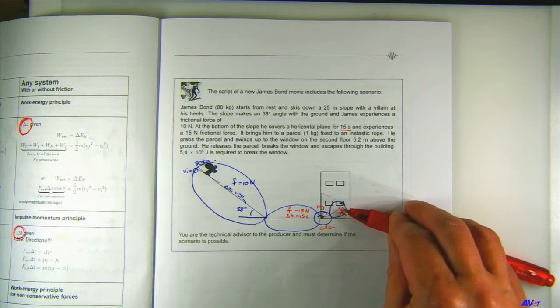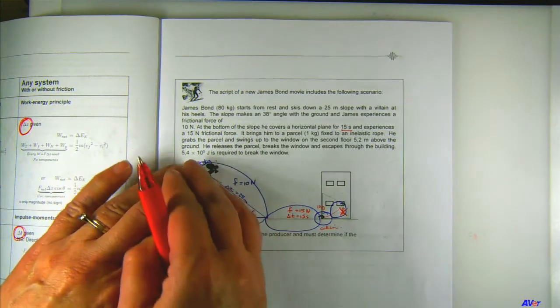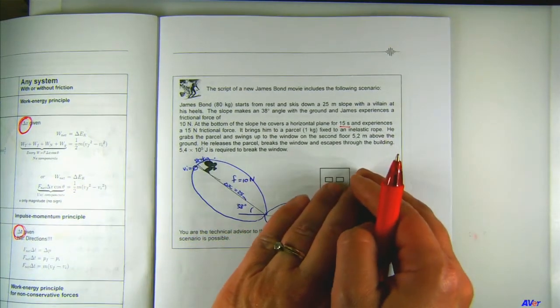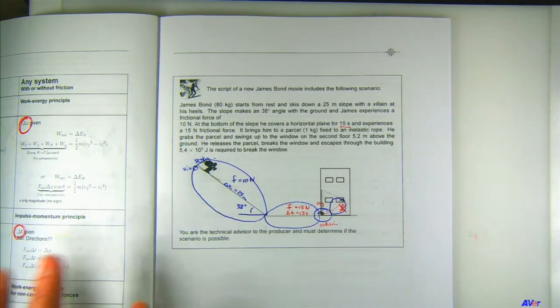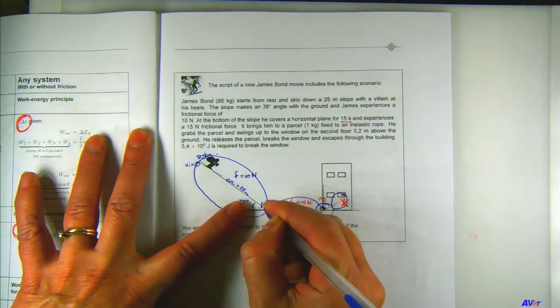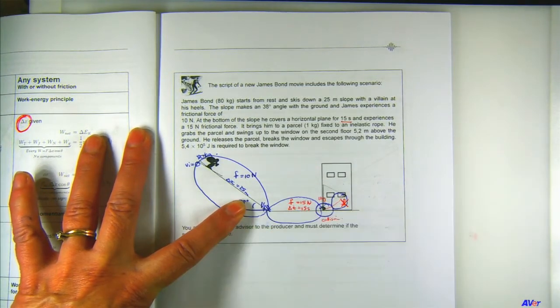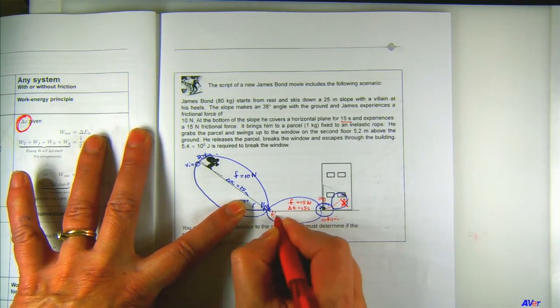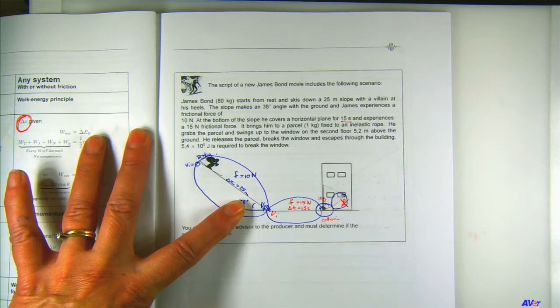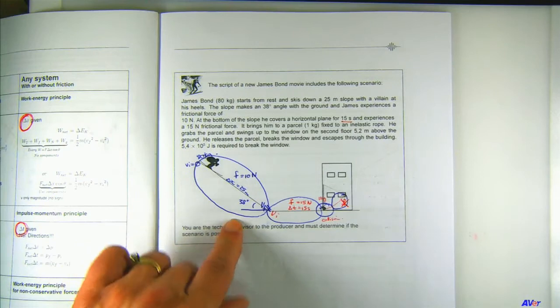Right. Now, when you have different parts of a question, the most important thing to remember is the final velocity of that first part will be the initial velocity of the next part. So you take this part and you work out the final velocity.